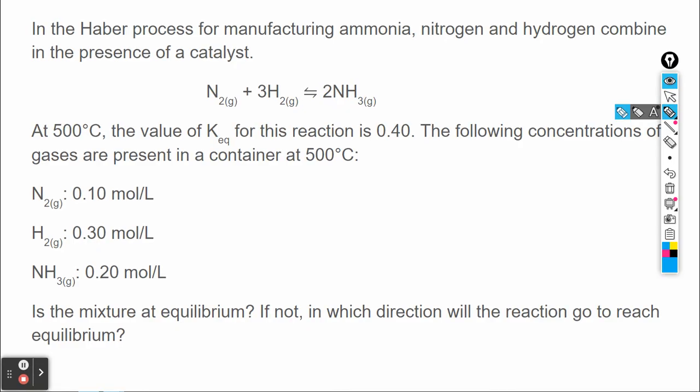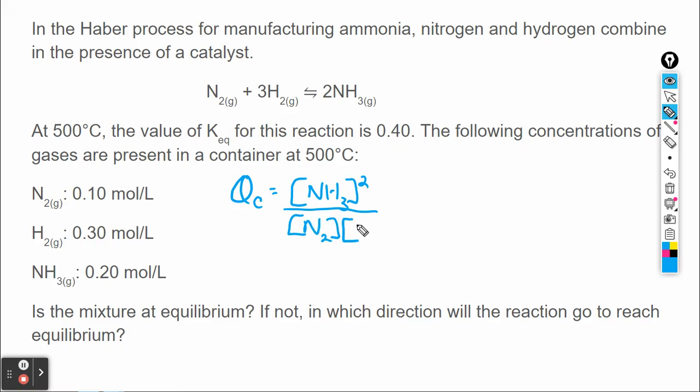Okay, so to do this, I have to write my expression for Q. Q is equal to the concentration of NH3 squared divided by the concentration of N2 times the concentration of H2 to the power of 3.